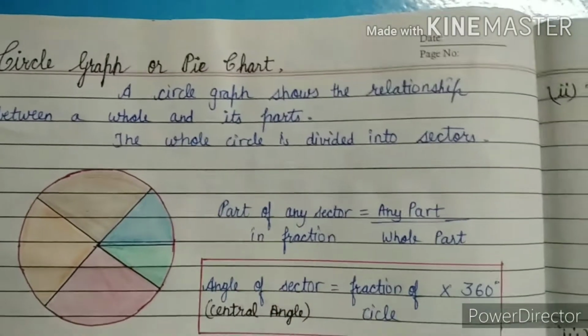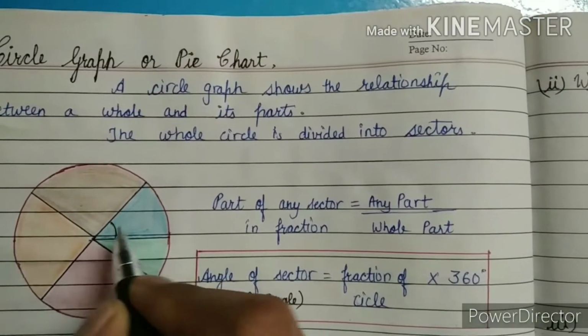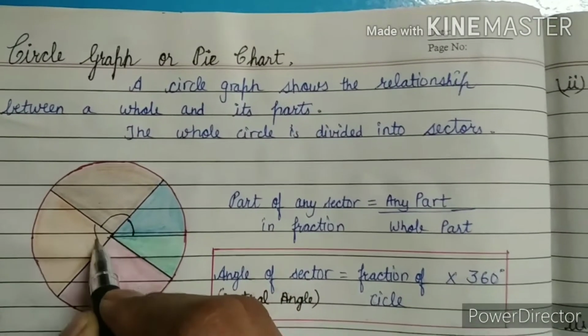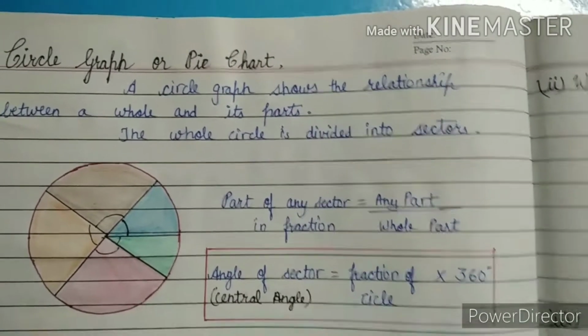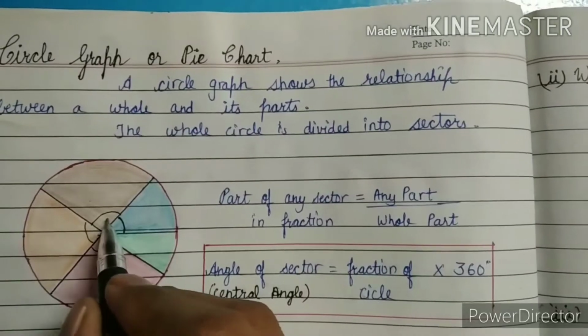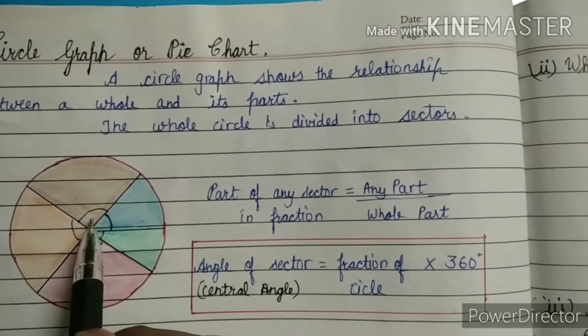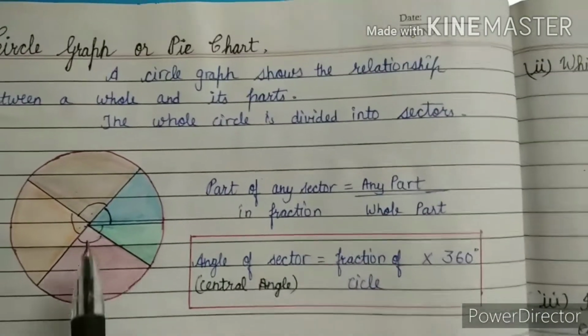And here we have the central angle of sectors. It means here we have one angle, here we have one angle, here we have one angle. They are all formed by their angles, so they are called the central angles of the sectors.